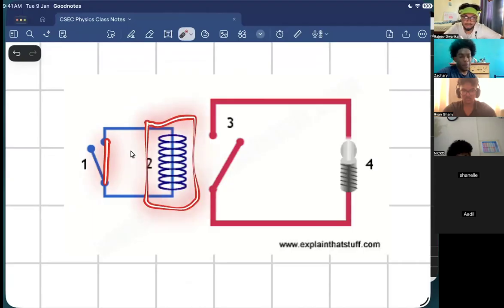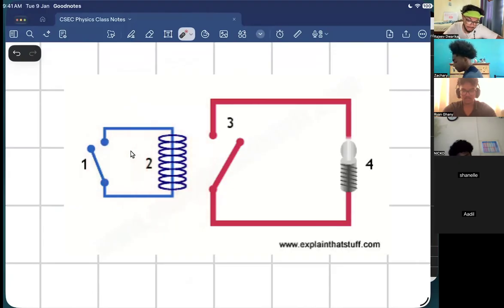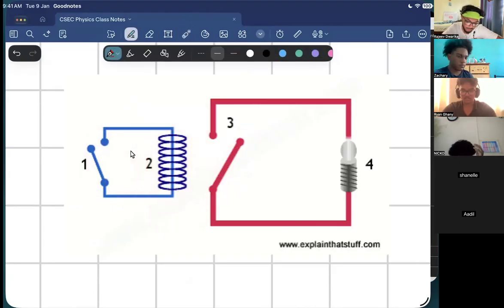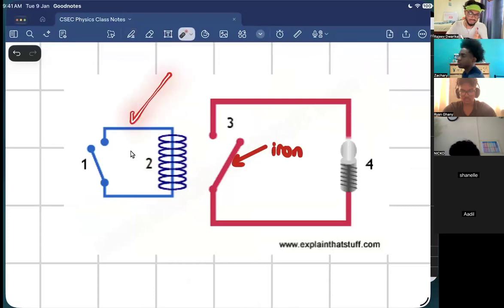A magnetic field. What's gonna create, Ryan? A magnetic field. Right. And this might be iron, an iron armature. So talk to me, guys. If I turn on this switch, this is a low voltage circuit, it's gonna generate a magnetic field, and that's gonna cause this iron armature to do what?